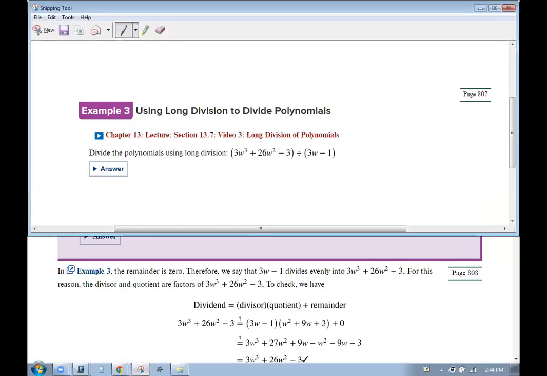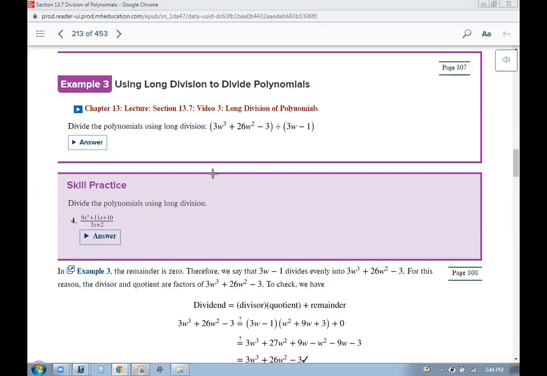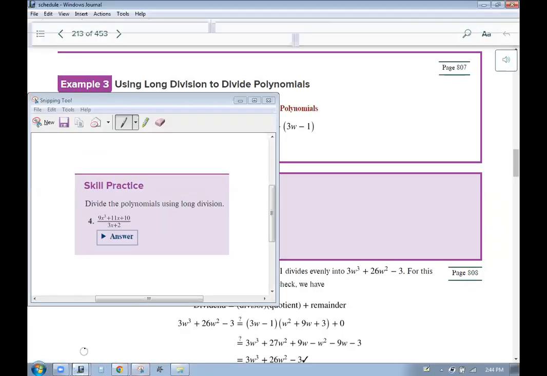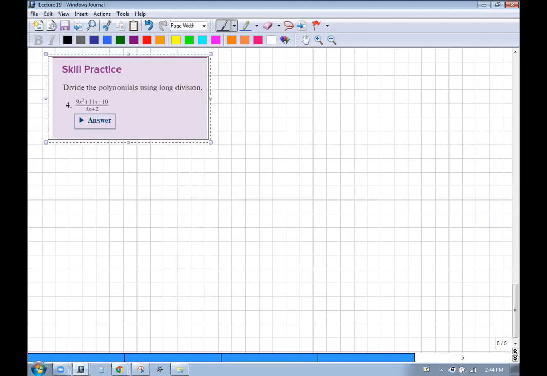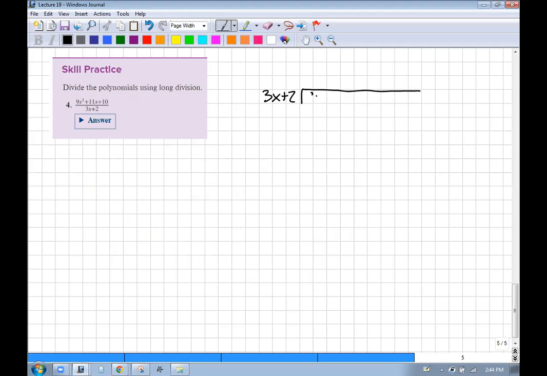Look at another example. We want to divide a 3x plus 2 into 9x cubed plus 11x plus 10. All right, notice there's no x squareds here. So in order for our little columns to work out, we need to put 0x squareds in here so that we have everything we need.